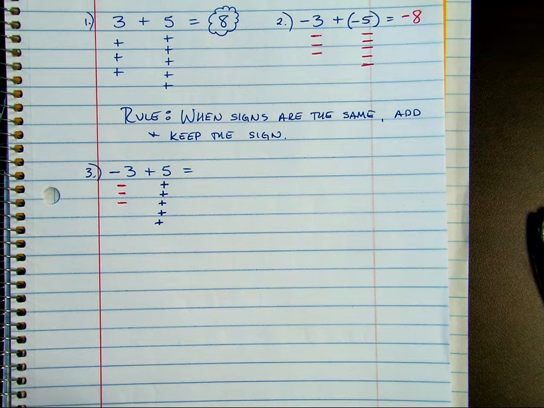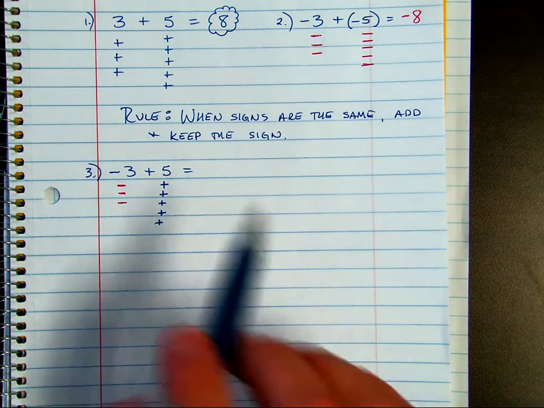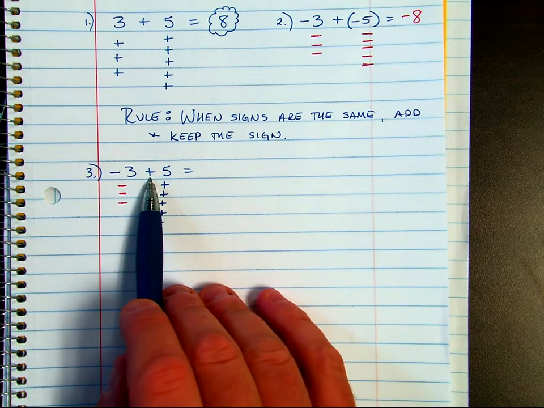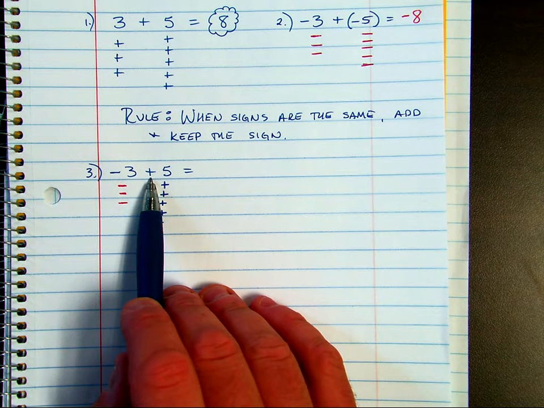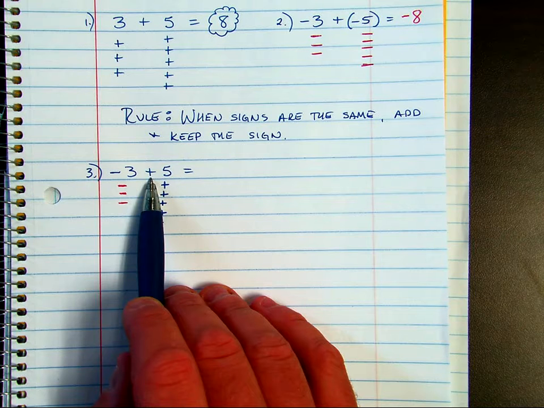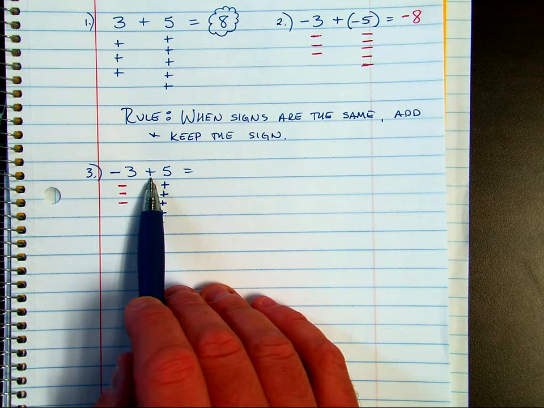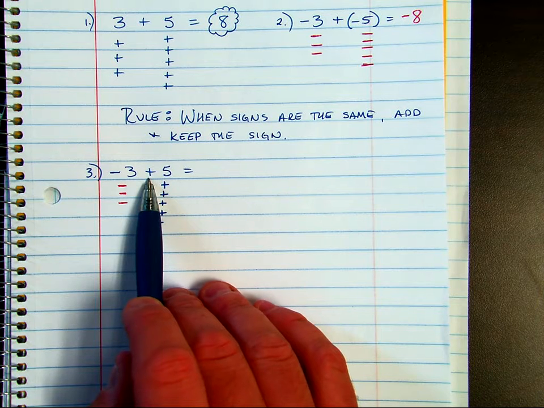Now, I know for the longest time your math teacher has told you, when you see a plus sign, what are you supposed to do with the 2 numbers? Add. You're not going to subtract when you see a plus sign. Since 2nd grade, maybe 1st grade, your teachers have told you, when you see a plus sign, plus the 2 numbers together.